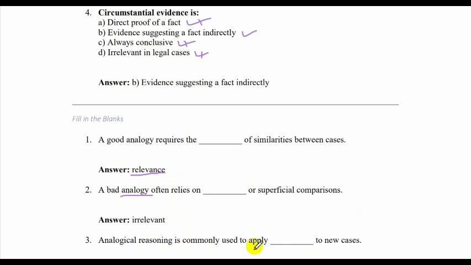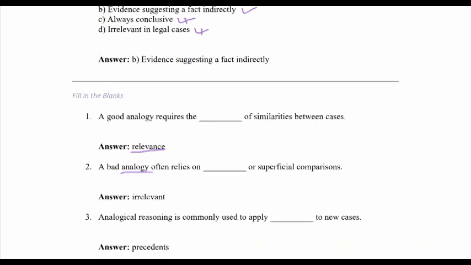Analogical reasoning is commonly used to apply dash to new cases, to apply precedents to new cases. Correct. So when we have new cases, there are a lot of chances of ambiguous terms in new cases.